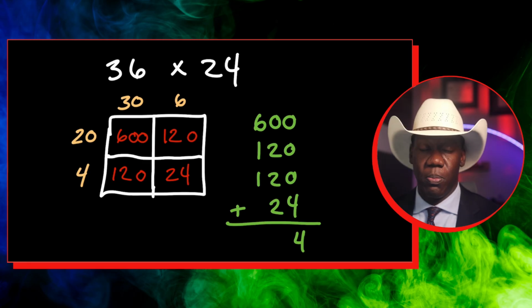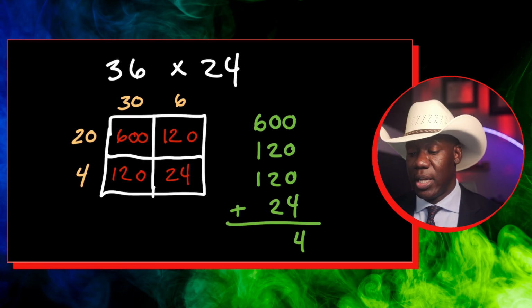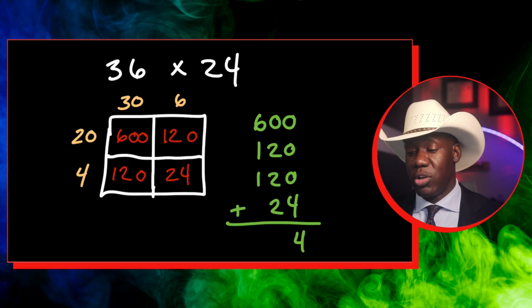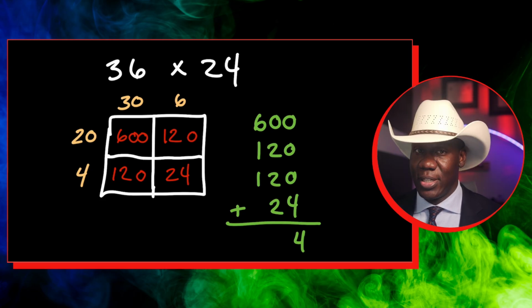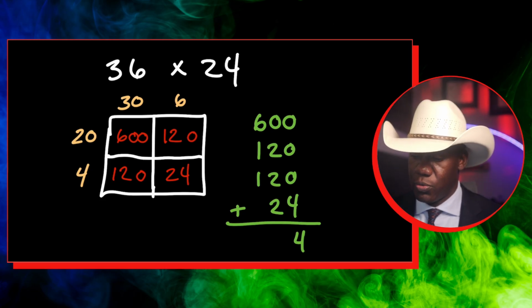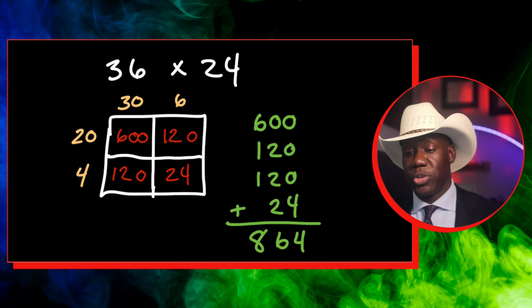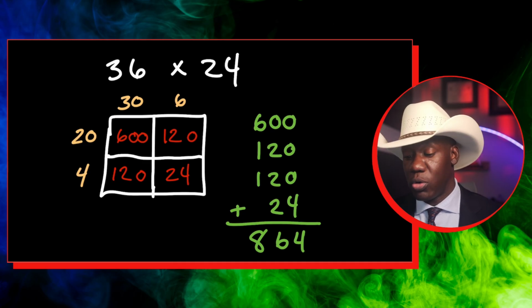Make sure your place values are aligned, that you're carrying and regrouping, and that you're keeping all your markings neat and tidy. So for the tens column, we have 2, 4, 6. And for my hundreds, we have 6 plus 1 is 7. 7 plus 1 is 8. So 36 multiplied by 24 is 864.